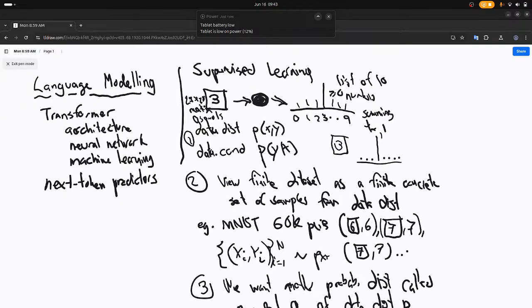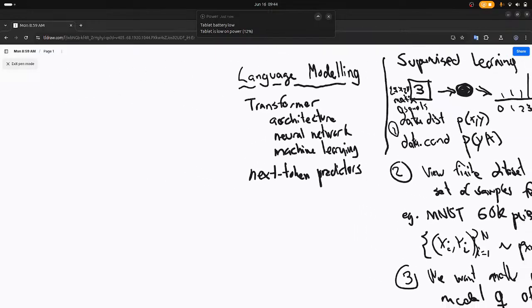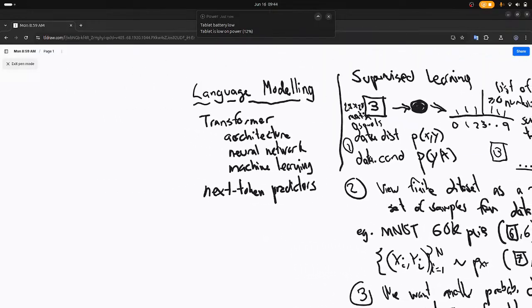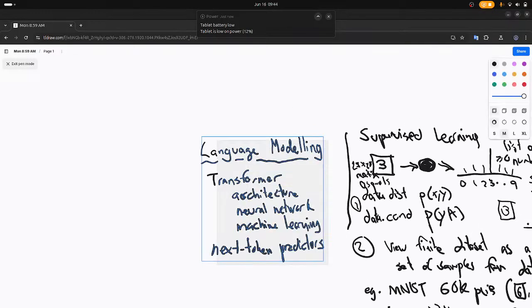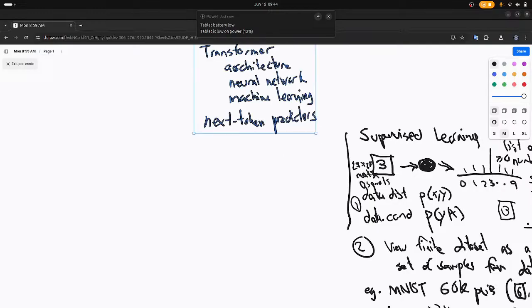So now we start to get ready for language modeling, because I think we can actually compare it here. If I move this up here, what is it that we now have? We have a data distribution. What is this data distribution? It is a sequence of texts.